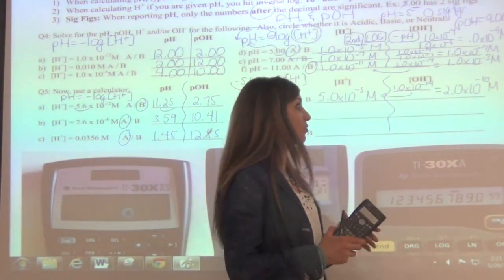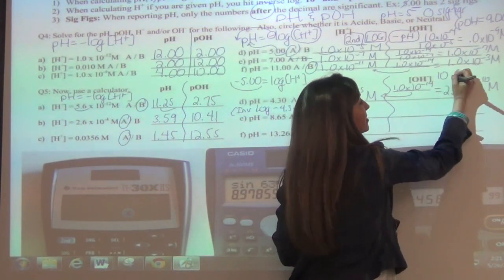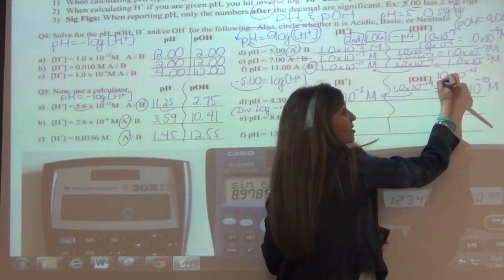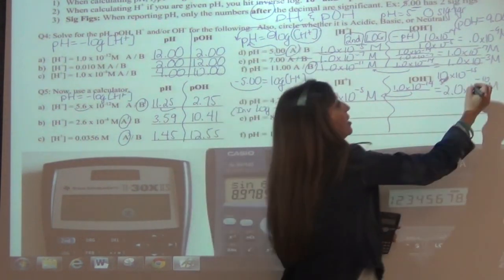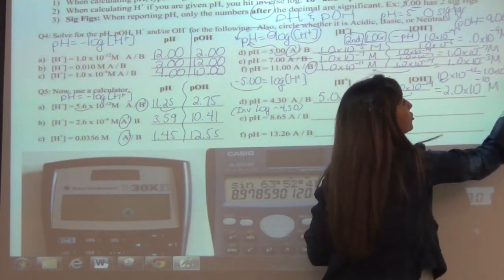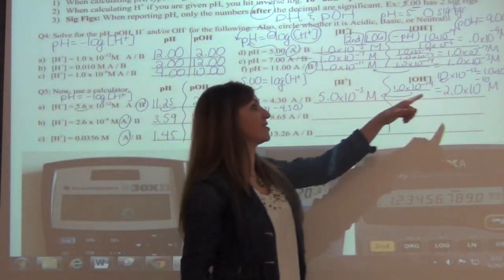So this would actually be 10 times 10 to the negative 15, which, if you write this in proper scientific notation, would be equal to 1 times 10 to the negative 14, which does check. That does match, and so that really does equal 1 times 10 to the negative 14.